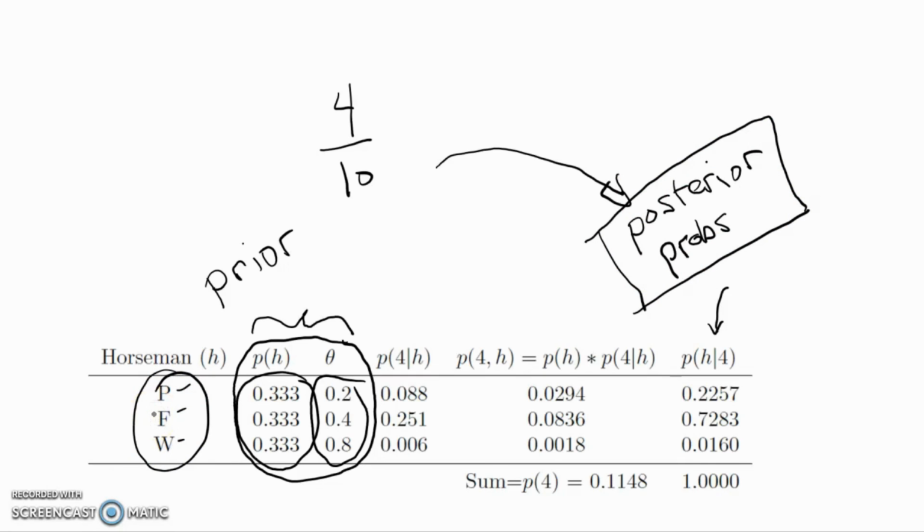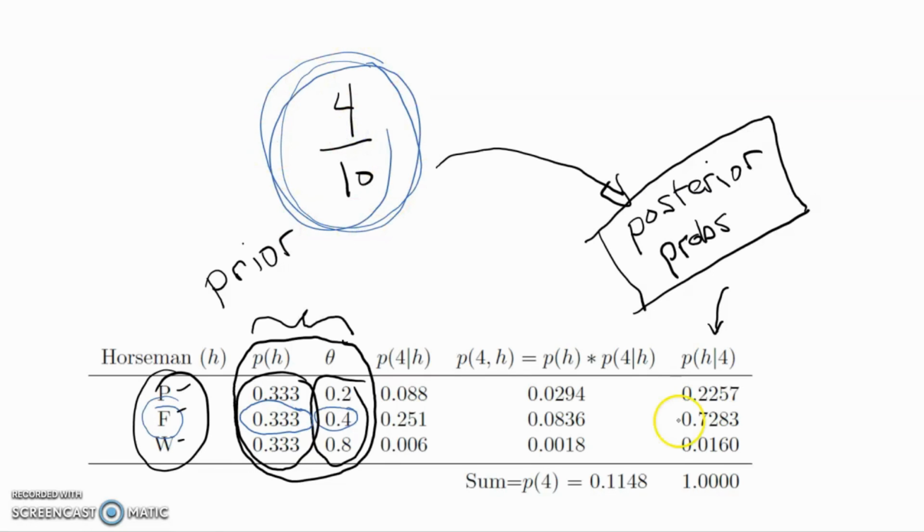And the results here are quite realistic in the sense that, okay, famine kills 40% on average. We observed 4 out of 10. So our prior probability was 0.33 for famine, but after getting this particular data, it jumped all the way up to 0.7283.